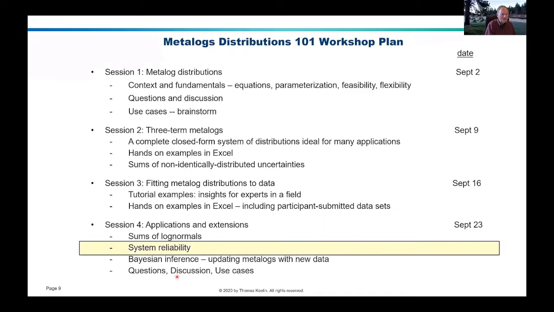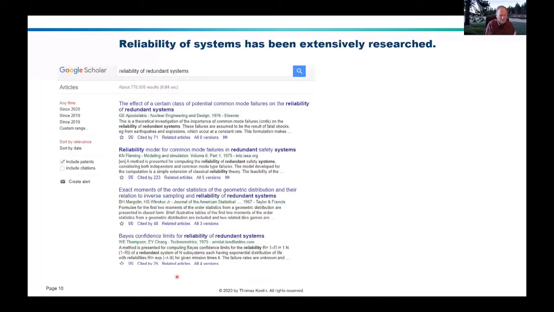Now, first of all, the reliability of systems has been extensively researched, and this is just from Google Scholar. You just look up the reliability of redundant systems, and particularly, you see, reliability of independent systems. We know, for example, that the minimum of independent Weibulls is in fact a Weibull distribution.